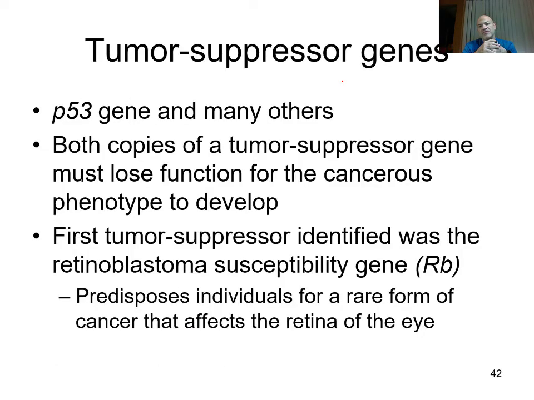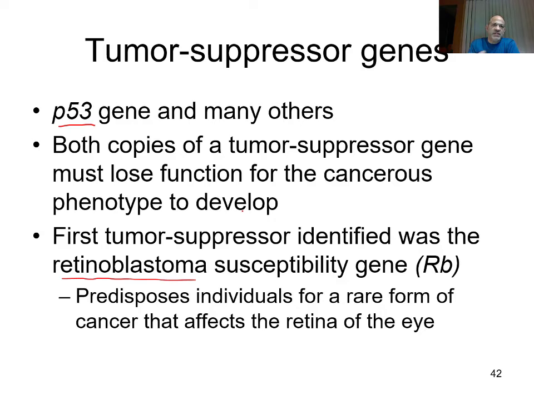Then you have tumor suppressor genes, and these are going to be different. As long as you have one good copy, then those proteins are suppressing or preventing the cell from dividing. One example is the gene for making the P53 protein. There's another one, the RB or retinoblastoma, which is actually a form of cancer.